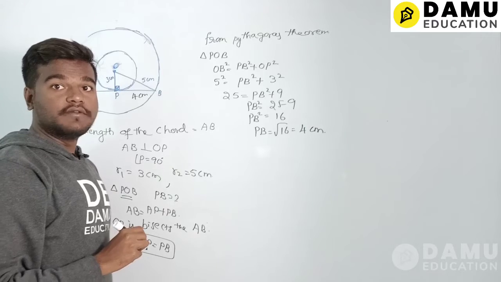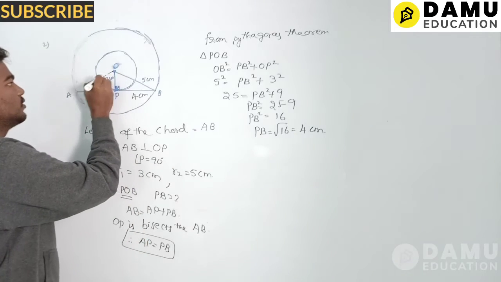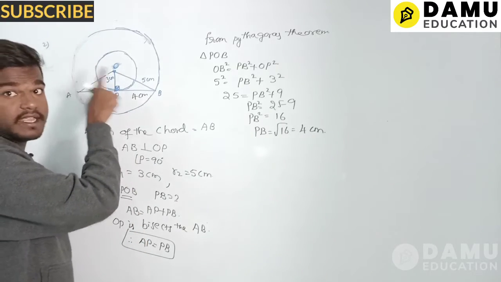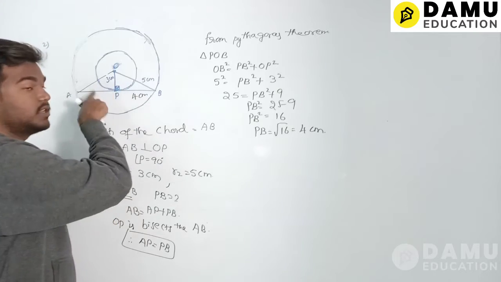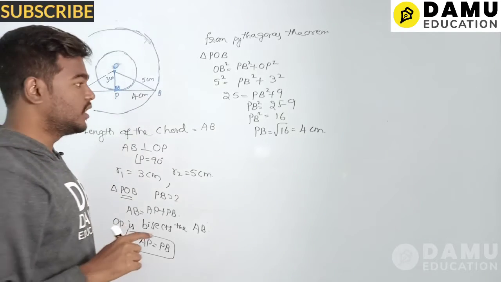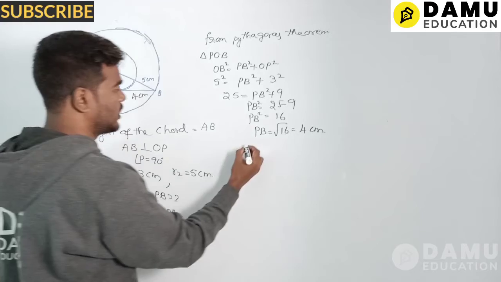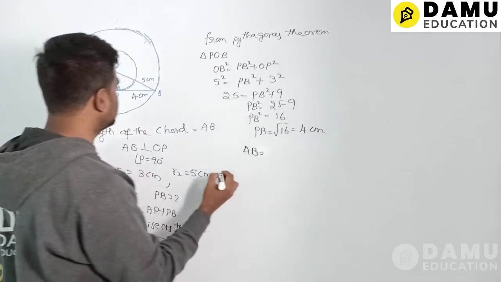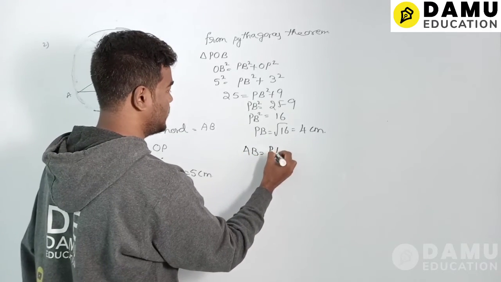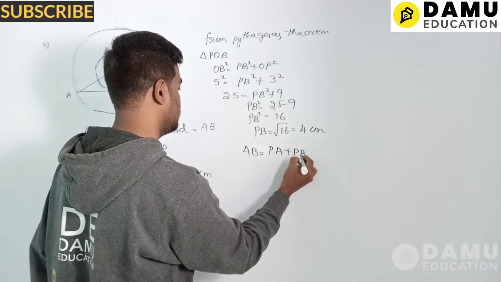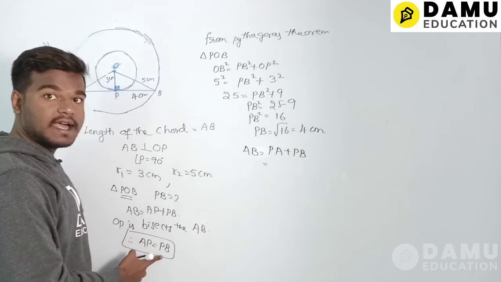We can also draw one more triangle and find it similarly, but there is no need now. So let's write AB is equal to AP plus PB. AP and PB are equal, right?